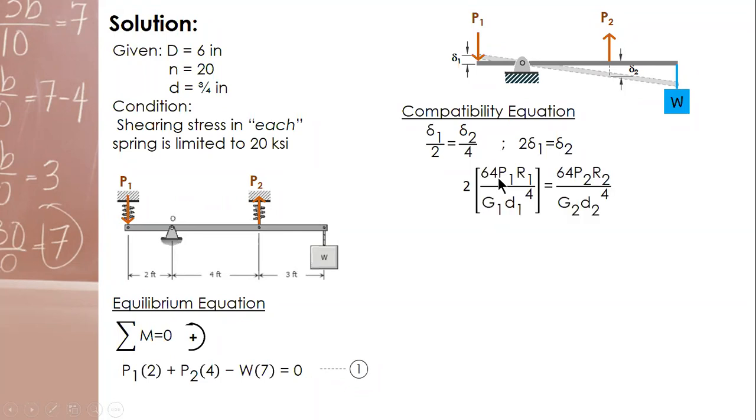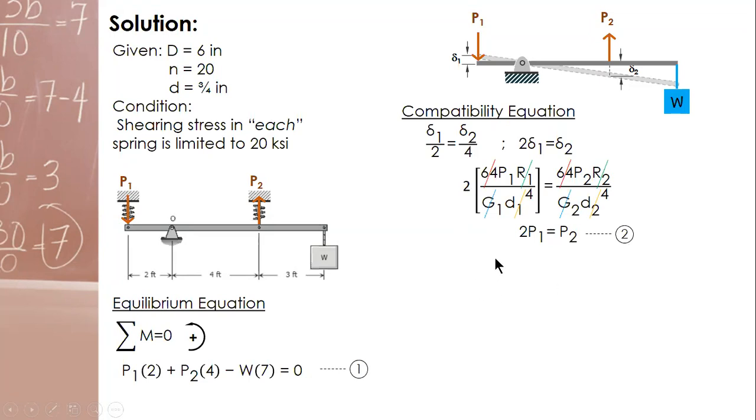Then we cancel: cancel the 64, cancel the R, it is the same, cancel the G, cancel the D. So what remains is 2P1 equals P2. That is equation 2.